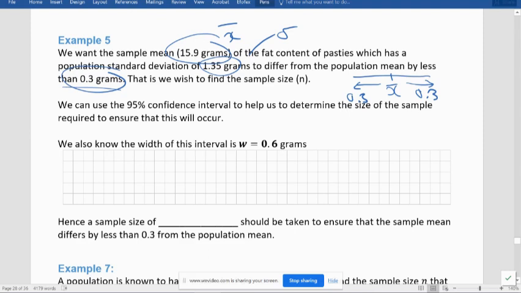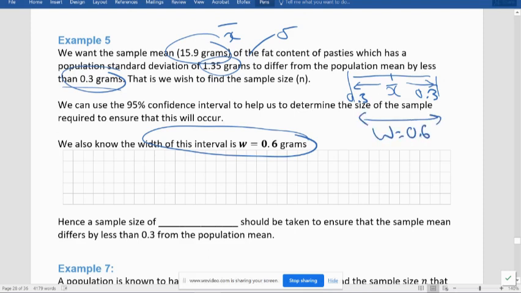So I'm thinking about that question. It says below that the width will be 0.6. If we differ by 0.3, it means we could go 0.3 up or 0.3 down, and that really tells us the width. If you add those two together, the total width of the confidence interval is 0.6.